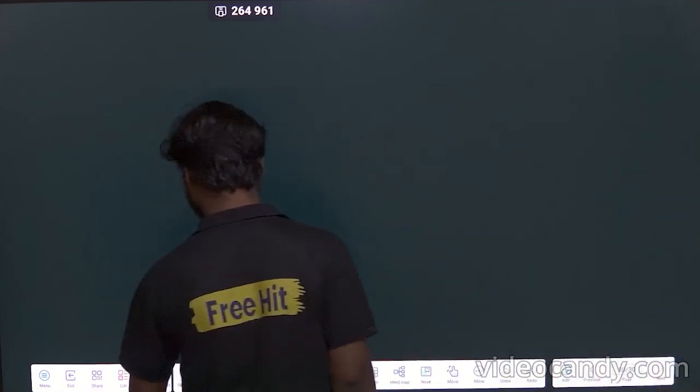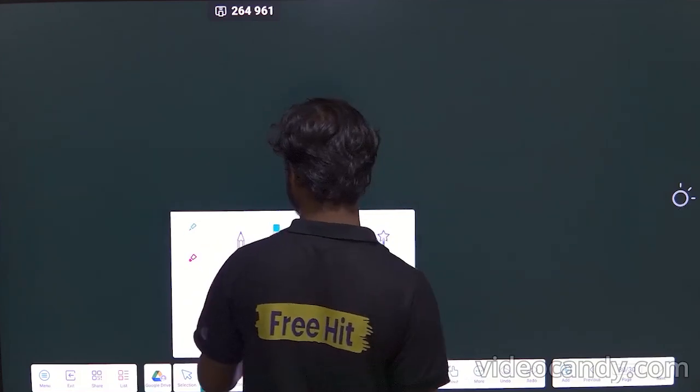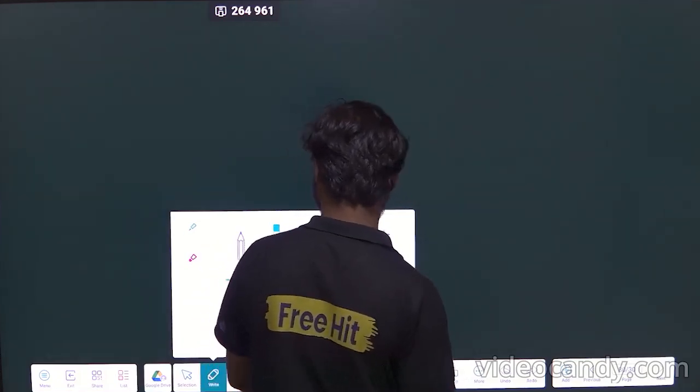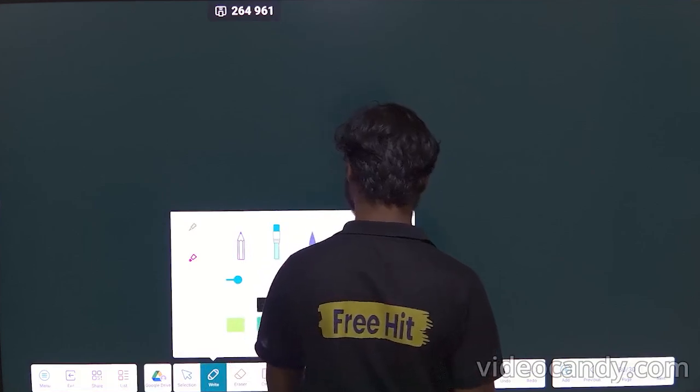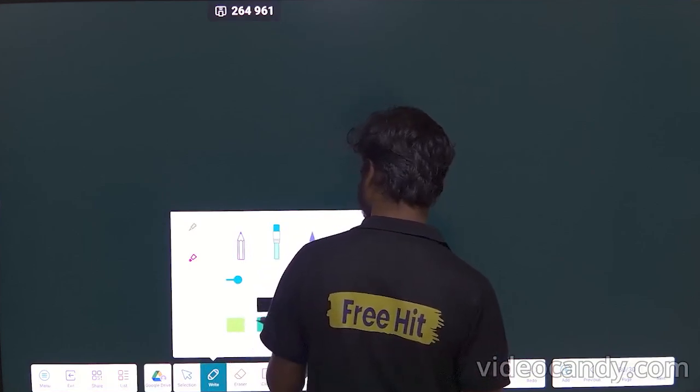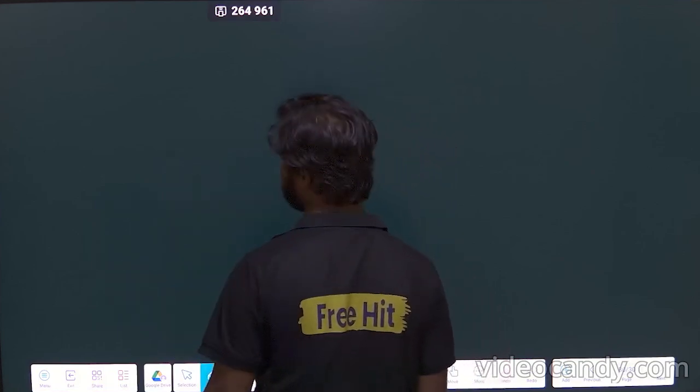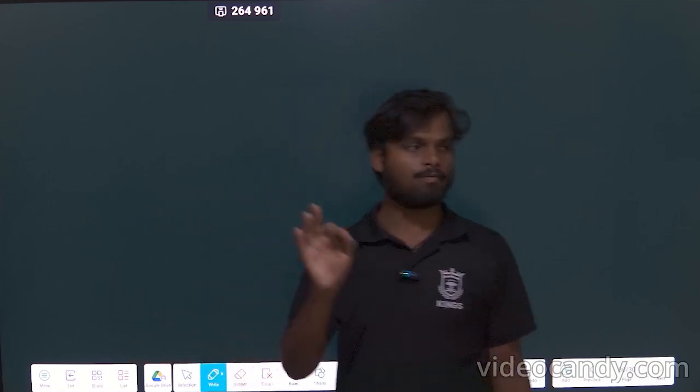Now we are going to the most important session, that is very important. It's regarding the JEE point of view, NEET point of view, advanced point of view, whatever point of view you can say, it is very important. That is how to find the formulas by using the dimension analysis.